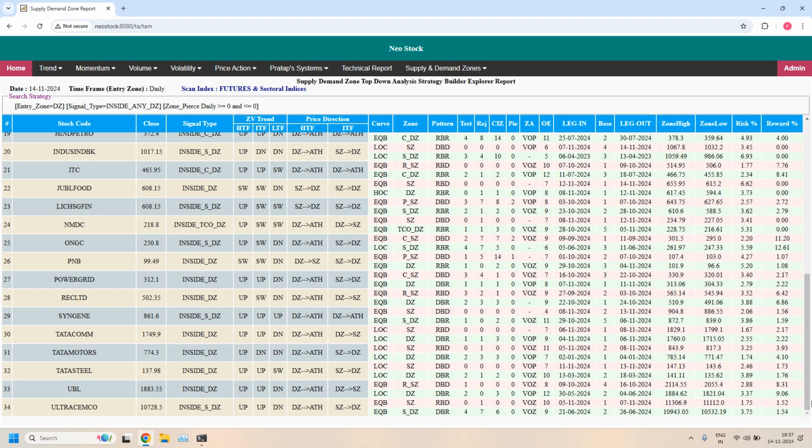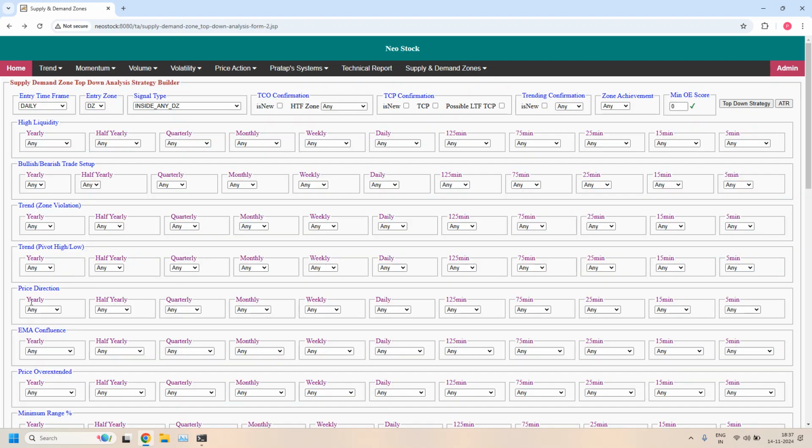In these daily demand zones, those having EMA Confluence are even higher probability zones. So let us set EMA Confluence on daily time frame. Daily demand zone having daily EMA Confluence. Filter is set, but the trend should not be sideways for EMA Confluence.